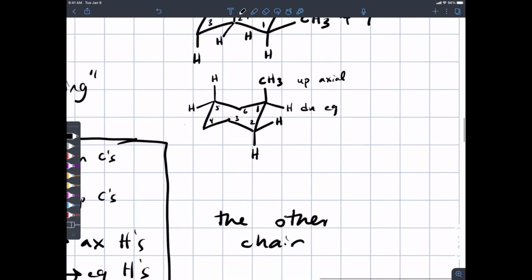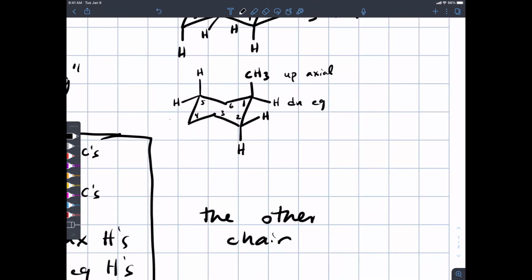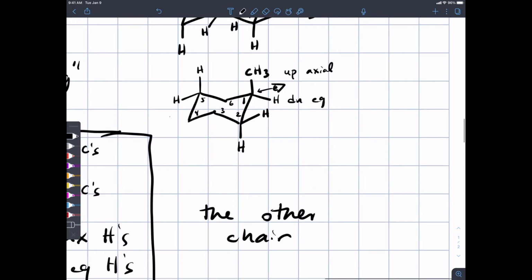One thing to notice about the ring flip, if we look down the bond between carbons 1 and 6 again, I'm going to fill in the protons so that we can see them. In the front, we would see a methyl group pointing upward. That's our up axial proton, and then our down equatorial proton, and then the ring carbon 2 is here.